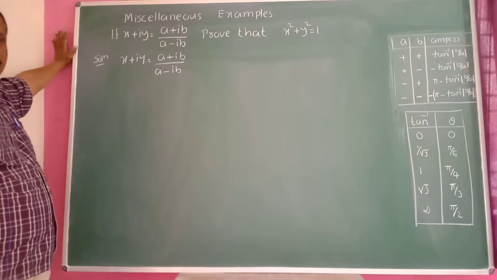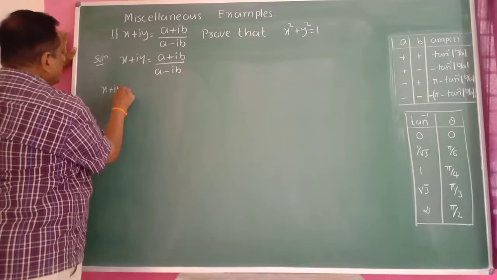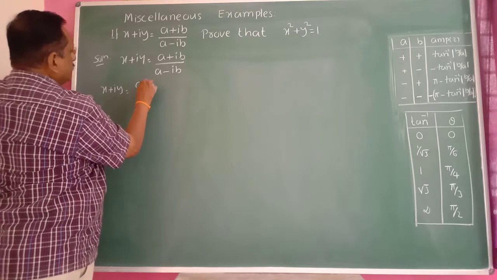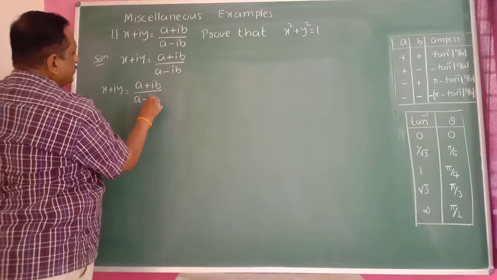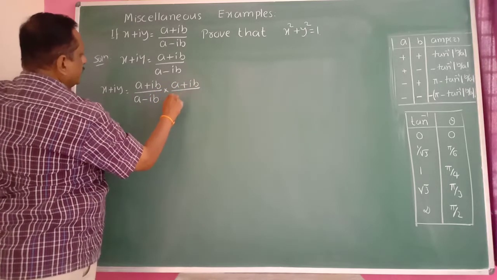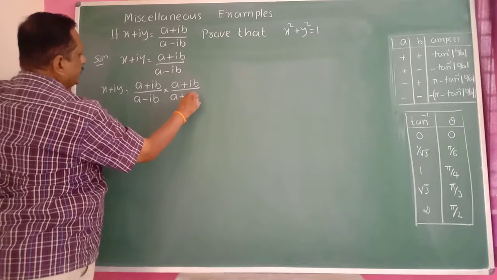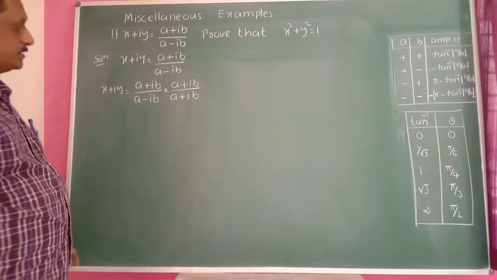So first rationalize here: a plus ib divided by a minus ib, into a plus ib divided by a plus ib. Just rationalize by multiplying and dividing by a plus ib.